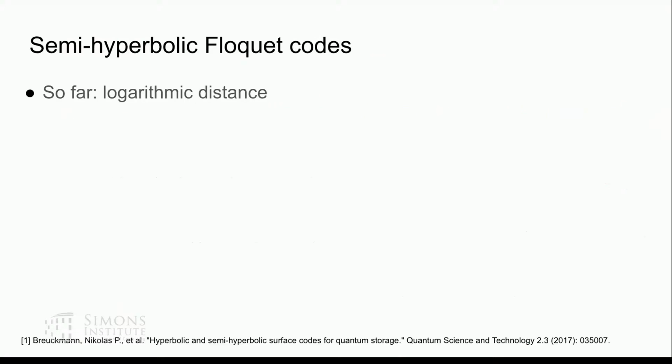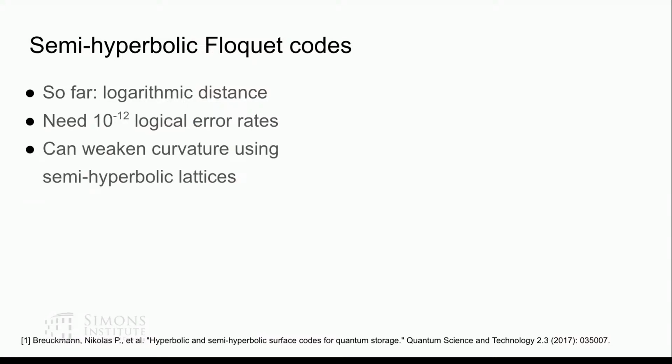So far, I've explained how we can derive these hyperbolic Floquet codes, but it has this problem of having a logarithmic distance, and we might need, say, 10 to the minus 12 logical error rates in practice for some quantum algorithm. So one question is, how can we achieve these low logical error rates with a logarithmic distance?